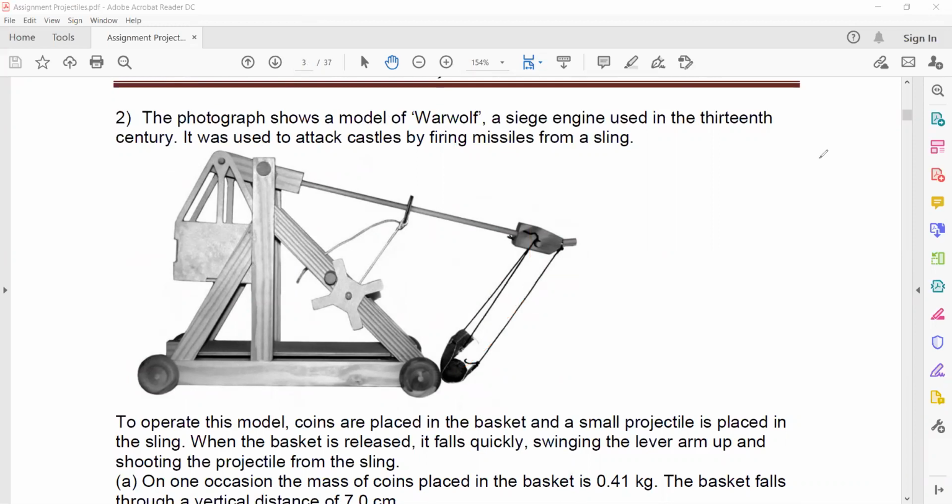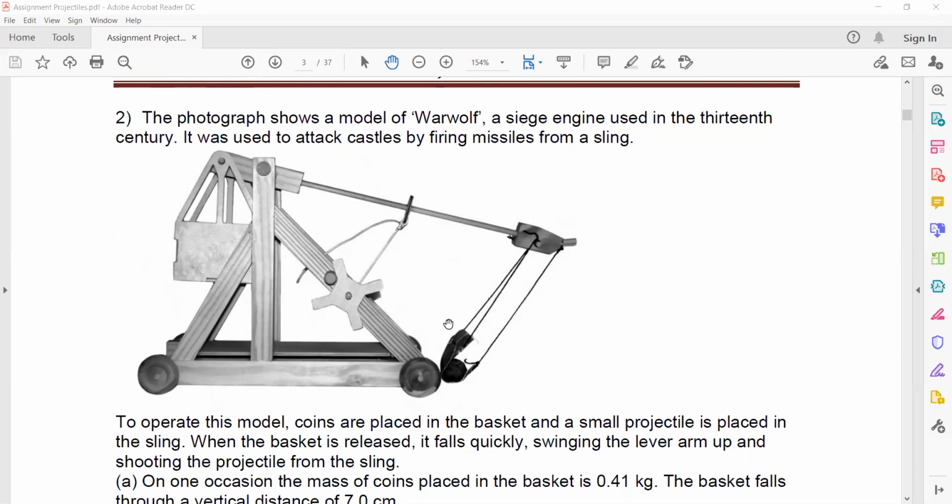Basically, when it reached this vertical position, the projectile is launched. But maybe the projectile is not launched exactly vertical, but slightly tilted. If it is launched slightly tilted, what will happen to the range? The range will also decrease. So there are many reasons why the range will not be the same as the predicted one.